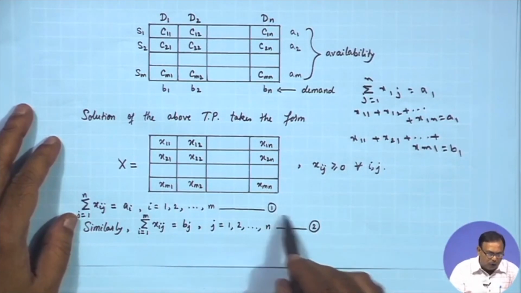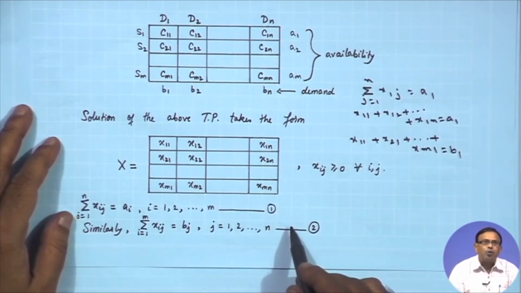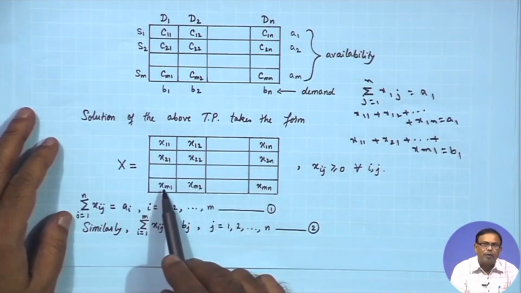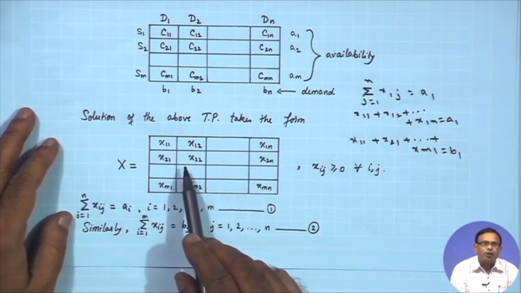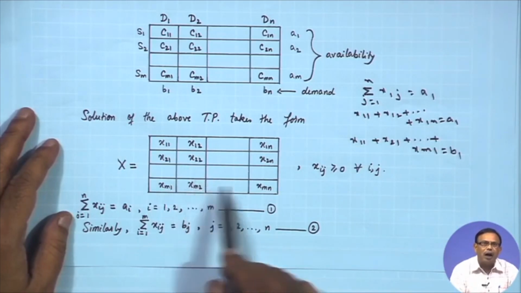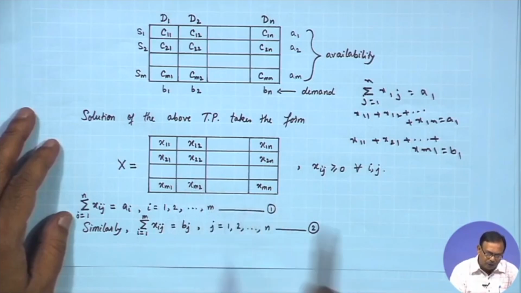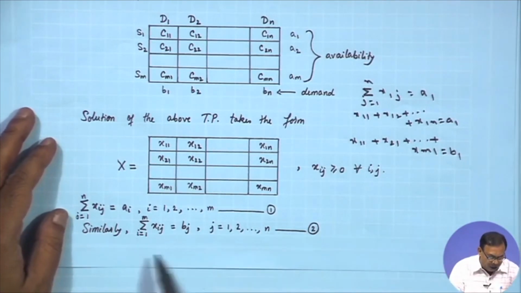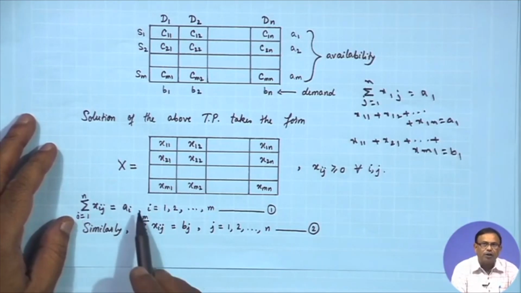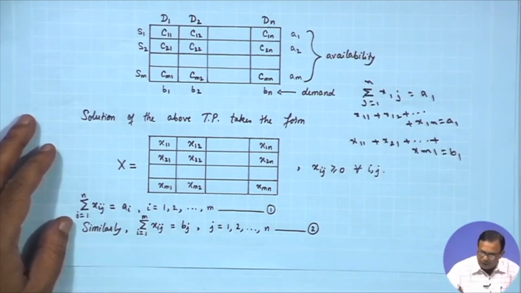So please note these two points, these two always should be satisfied. I want to find a solution matrix xij, where i varies from 1 to m and j varies from 1 to n. In that case these two conditions, 1 and 2, must be satisfied.